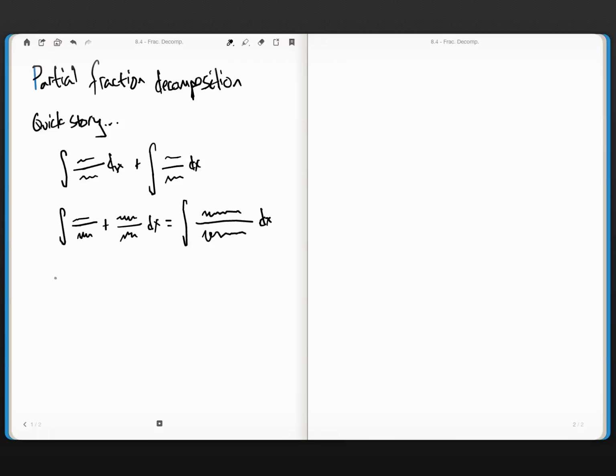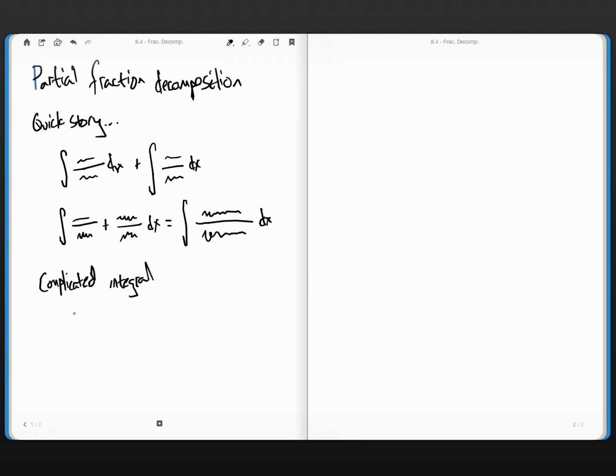All right. So the complicated integral that he gave me looked like this.